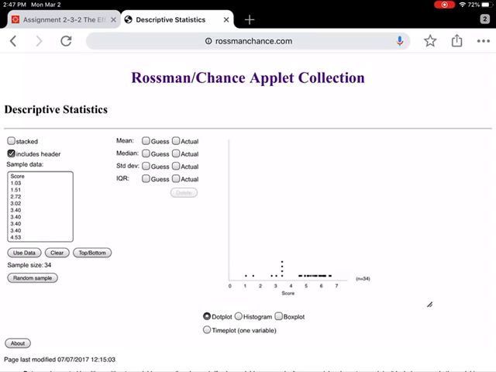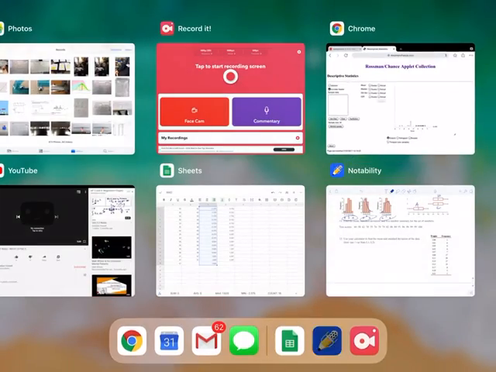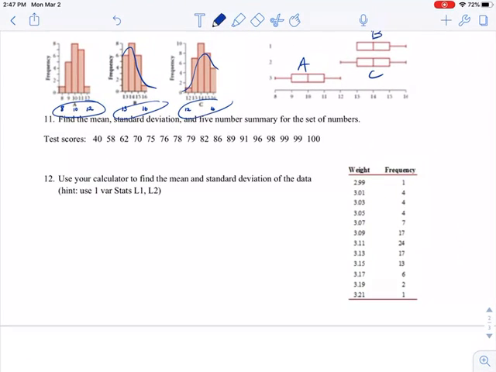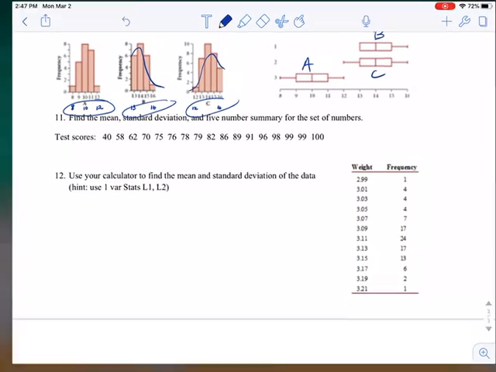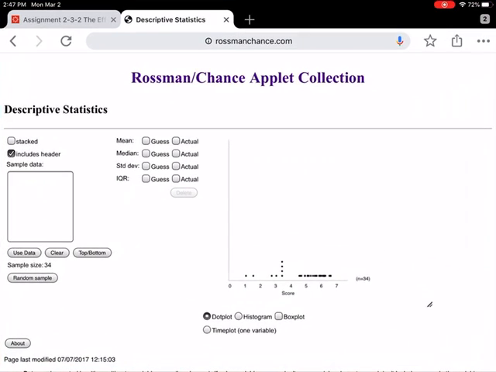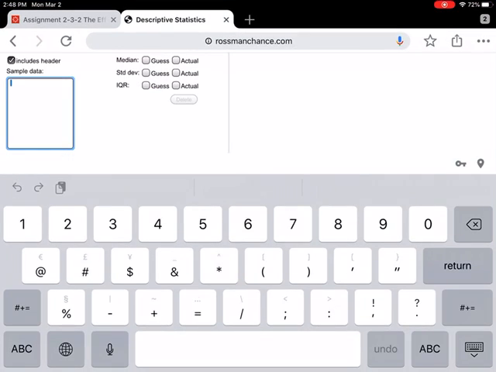And I'm just looking up my numbers here. So I'm going to clear this data, and then go back to my numbers and type them in, 40, 58, 62, 70, and so on.